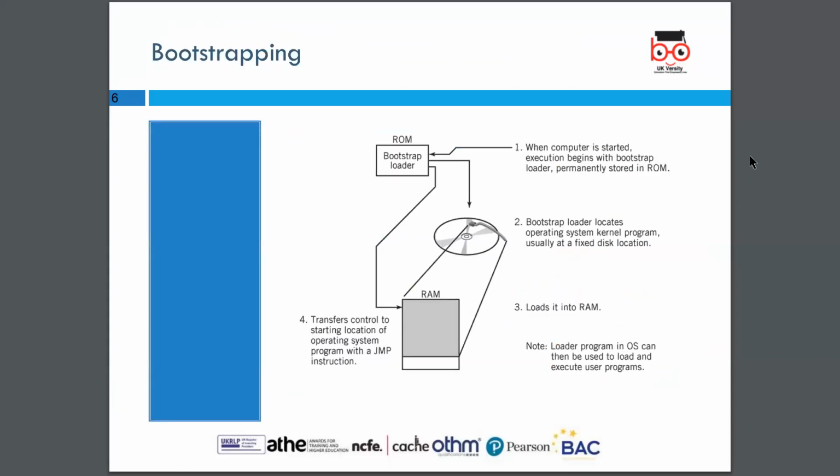So our image here defines what bootstrapping looks like. We can see when we have an initial phase of loading a device such as a CD, you begin with this bootstrap where it's going to load the file, and you permanently store it in the ROM.